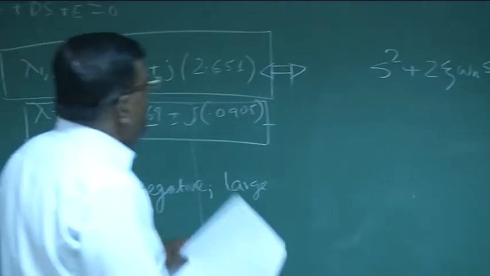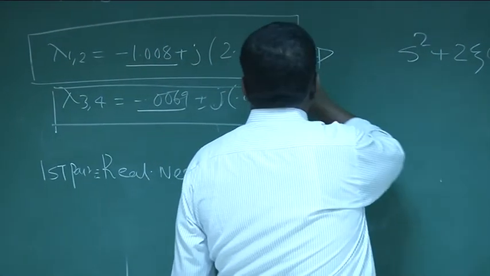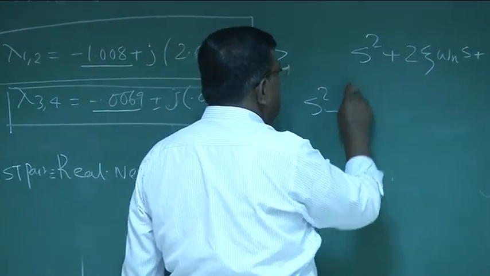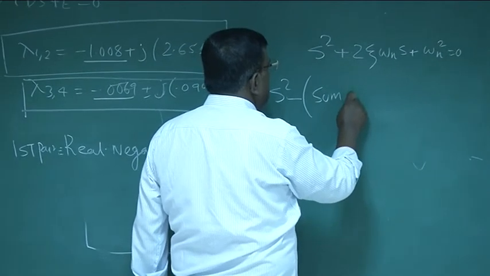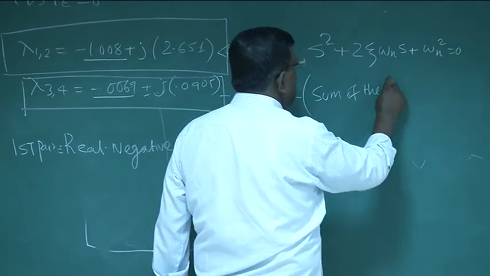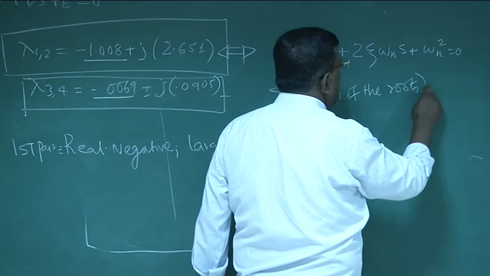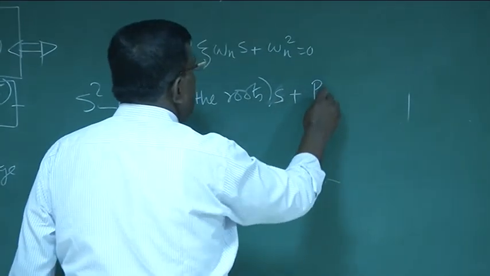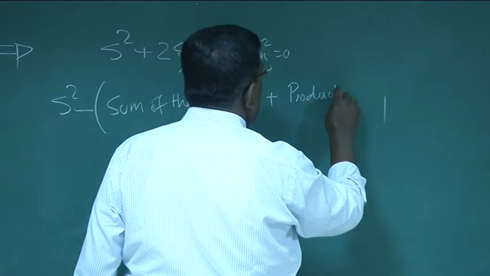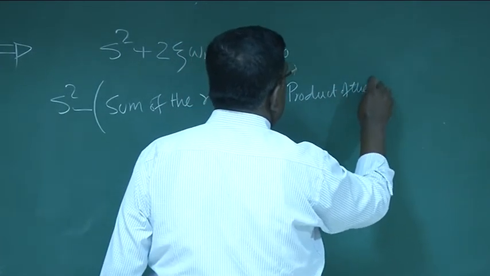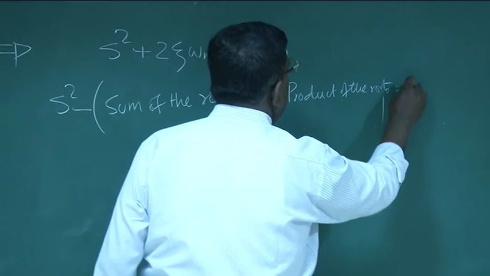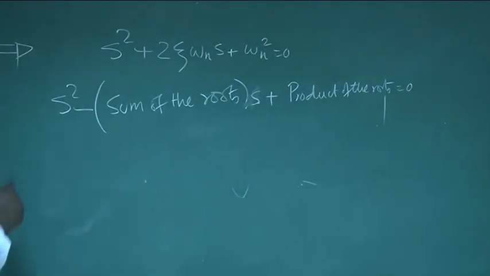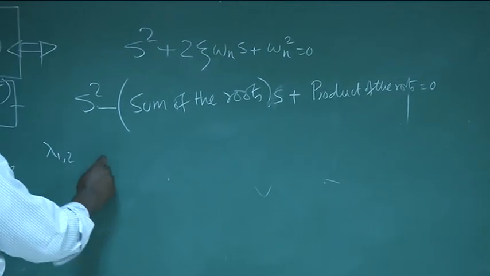And so I construct the equation from the roots in this form: s square minus sum of the roots into s plus product of the roots equal to 0.